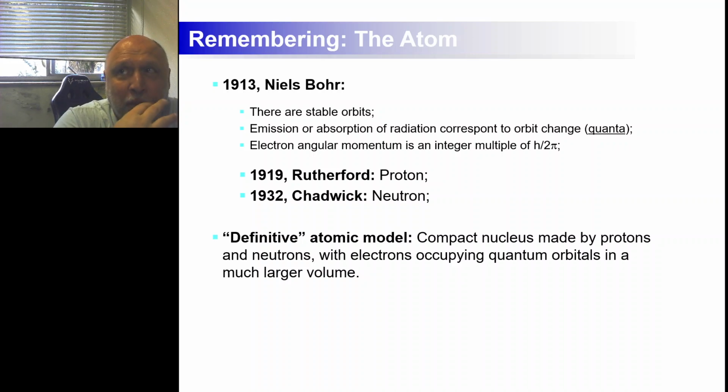But when they did the experiments, they found out that the helium nucleus weighed 4 times the weight of hydrogen. But wait, how can it be? Because if hydrogen is 1 proton, helium should be 2 protons, and should have twice the weight, not 4 times the weight.